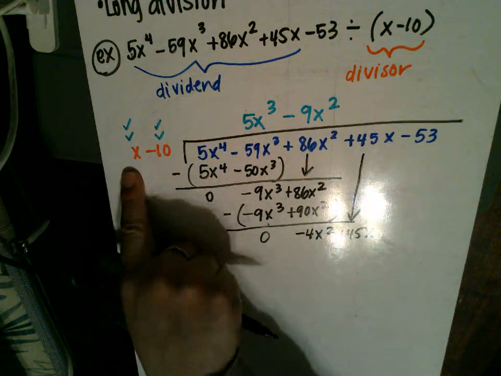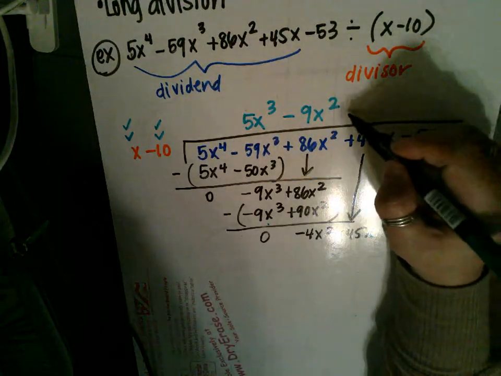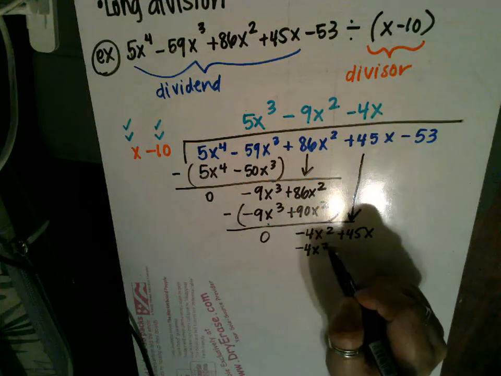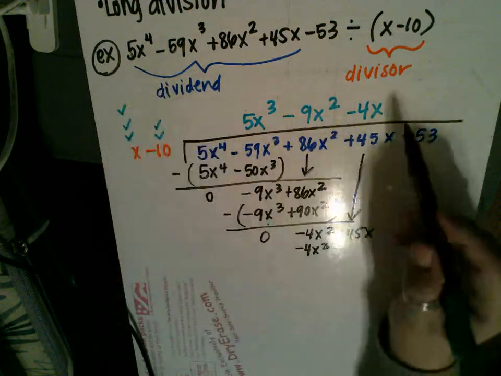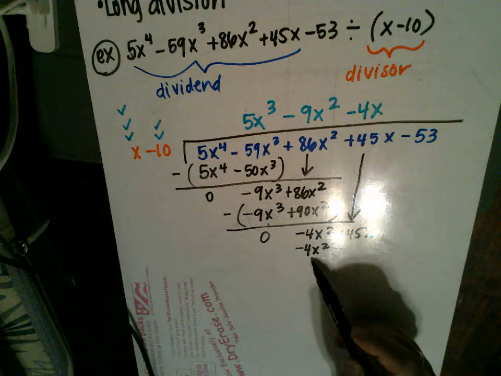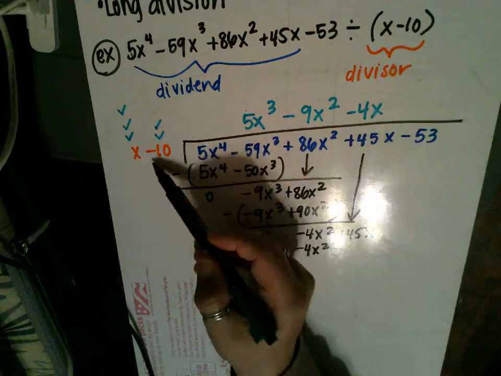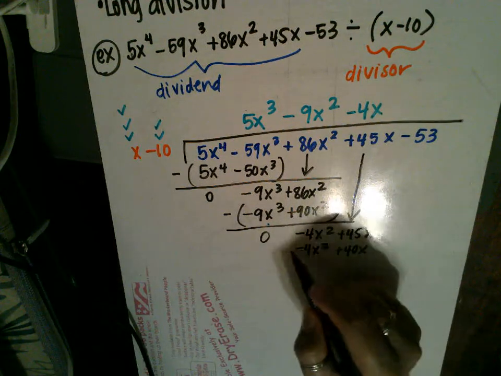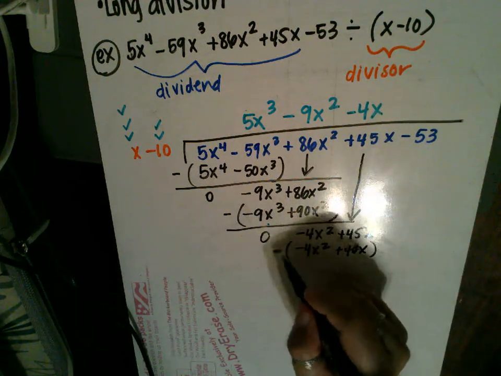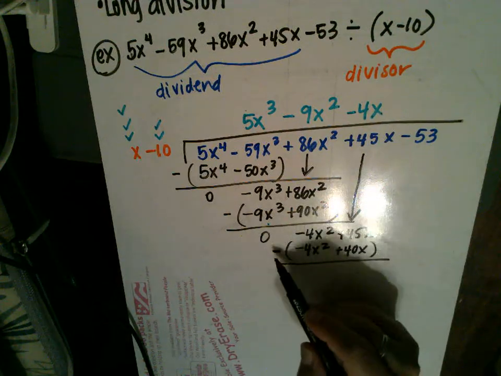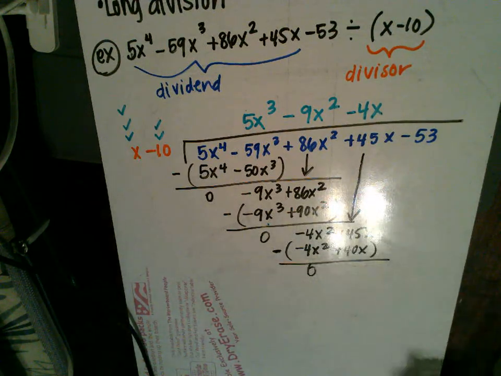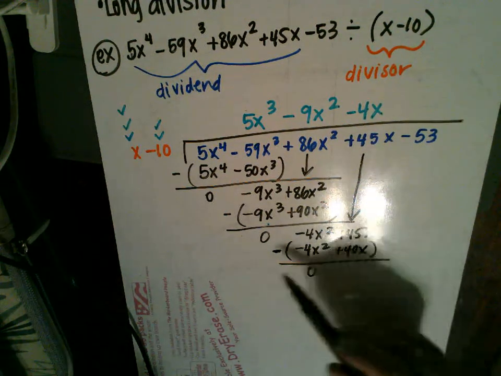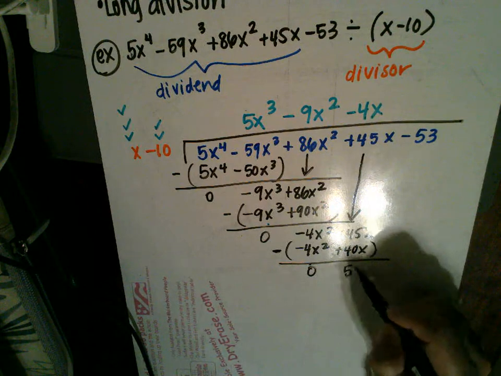So x times negative 4x is negative 4x squared. Negative 4x times x is negative 4x squared. And negative 4x times negative 10 is plus 40x. Subtract. Negative 4x squared plus 4x squared gives me 0, exactly what I wanted. And 45x minus 40x leaves me with 5x.